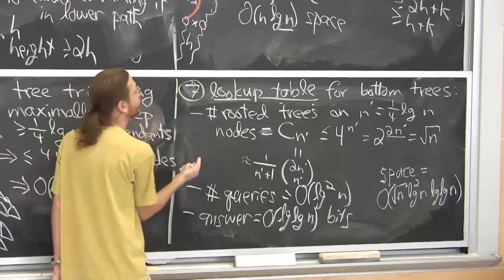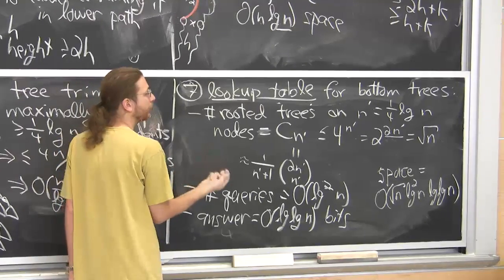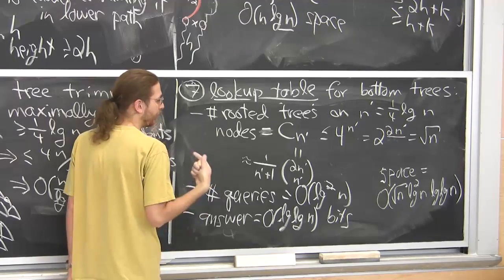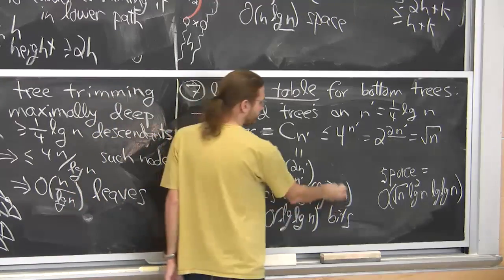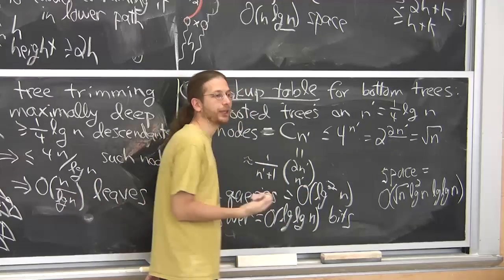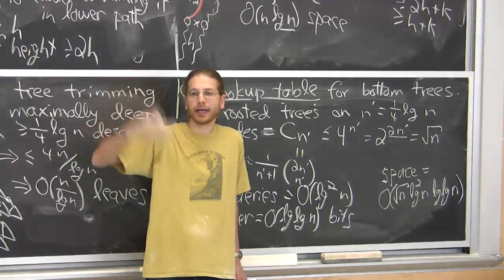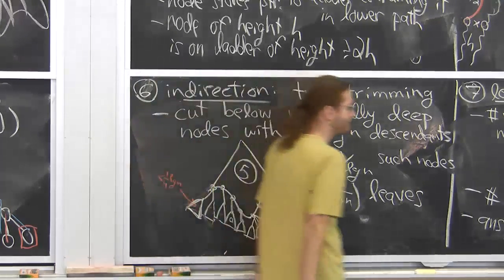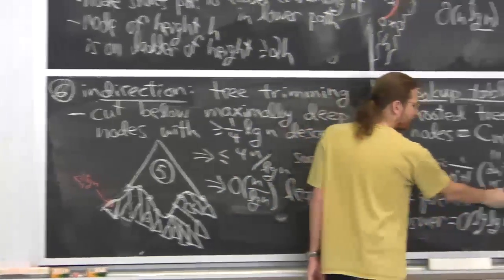It actually tells you what the query part is, or the first part of the query, the node x. Then the table also is parameterized by k. So one of these logs is which node you're querying. The other log is now the value k, but again, you'd never go up higher than log n. If you went up higher than log n, then you'd be in the top structure. And so you just do a query up there. You don't need a query in the bottom. OK, so there's only that many queries.